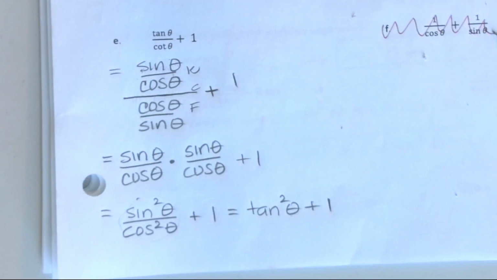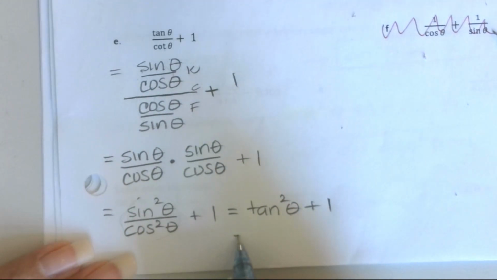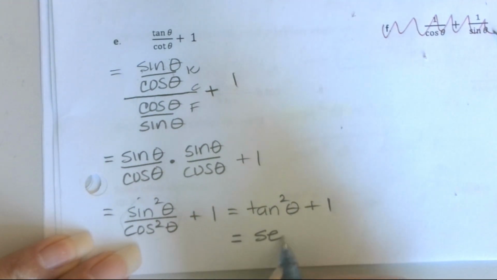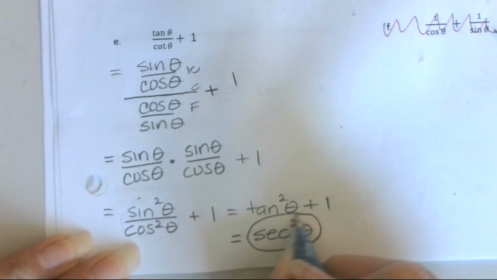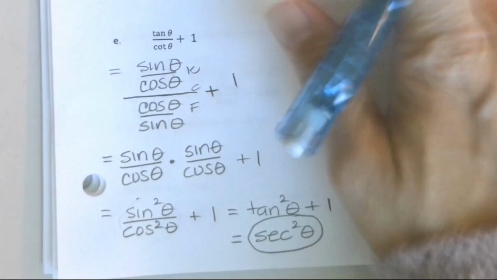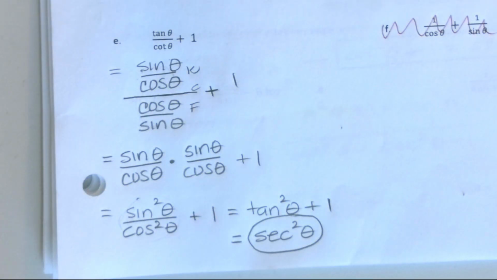That's a Pythagorean identity, isn't it? What is tan squared plus 1 equal to? Secant squared theta is correct. So anytime you see these plus 1s and minus 1s with a perfect squared term, look out to see if there are any Pythagorean identities.